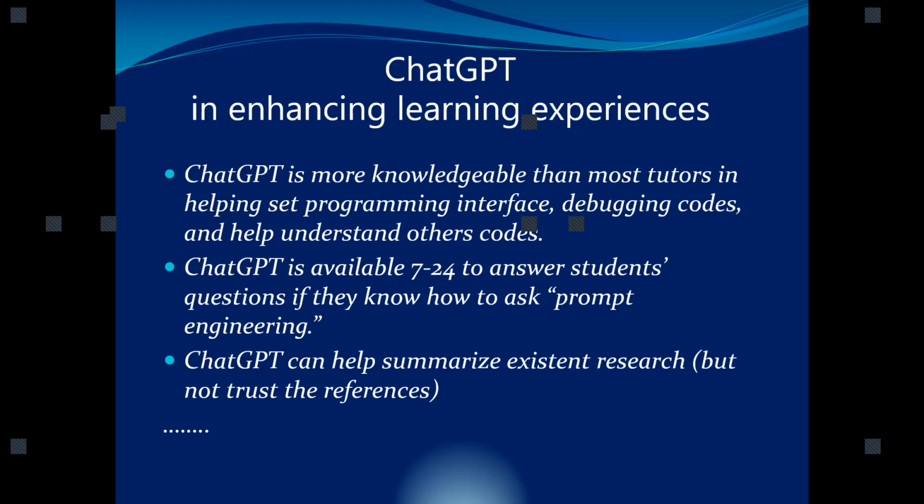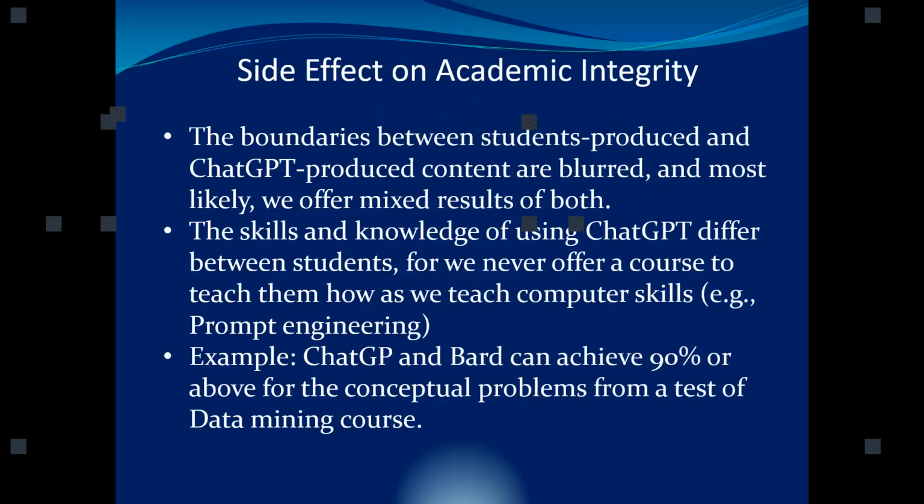ChatGPT can summarize content and write a literature review, but just don't trust the references. But the side effect is on academic integrity. Now the boundary between student-produced and AI-produced content is blurred, and most likely you get a project report that is the result of both.